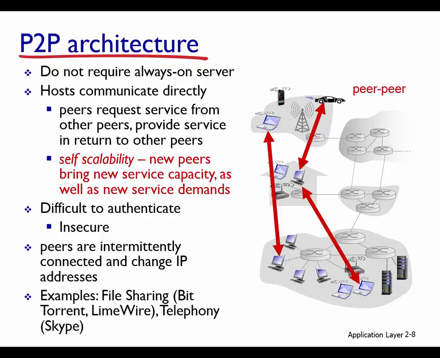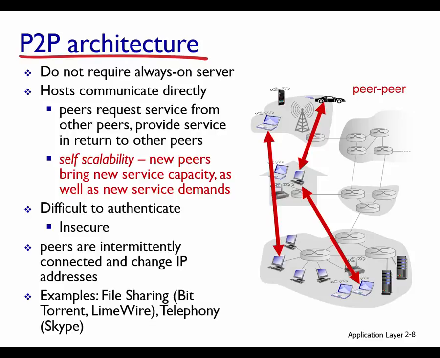Because of that, peer-to-peer architecture is basically self-scalable. Every time you add another peer, you're adding not only another client, but also another data server as well. So adding peers actually adds to the capacity of the network, since the peer is both pulling and pushing data.